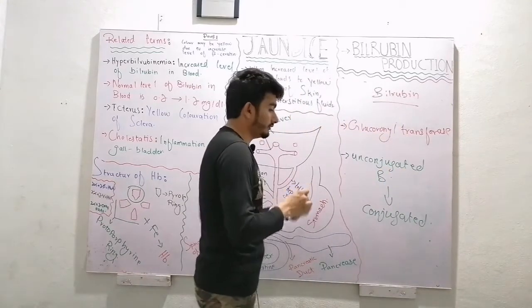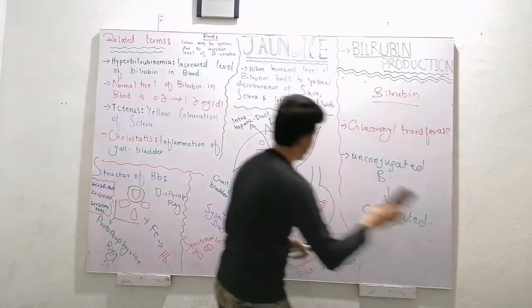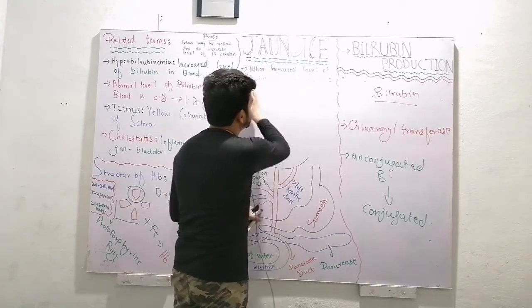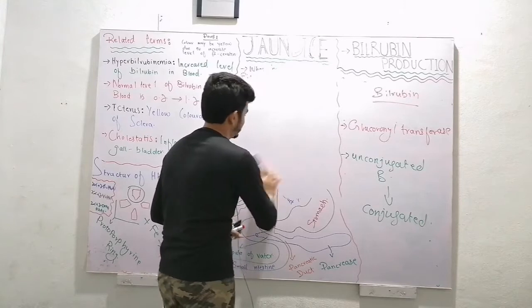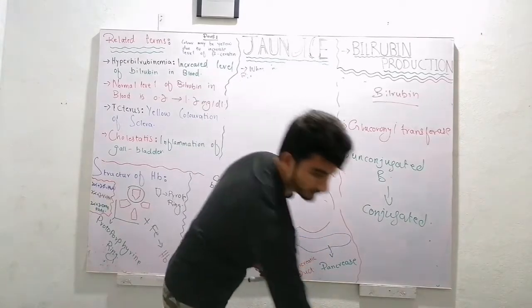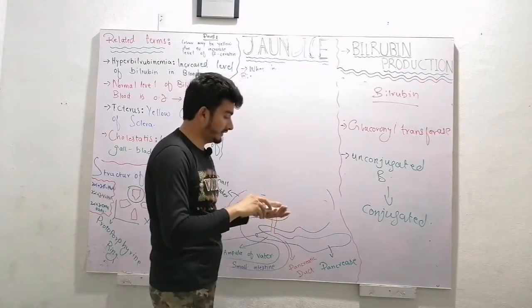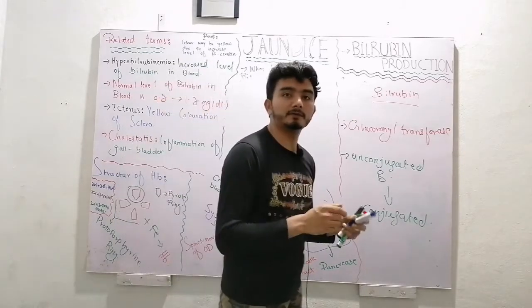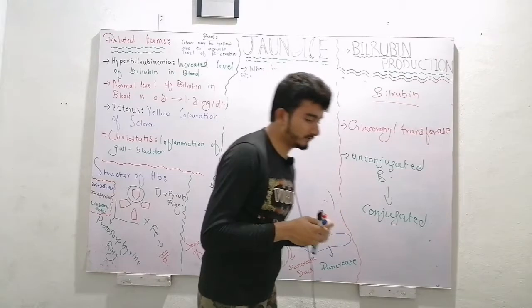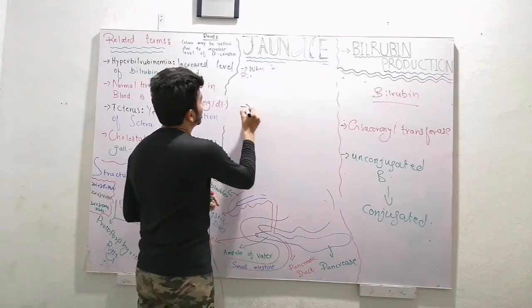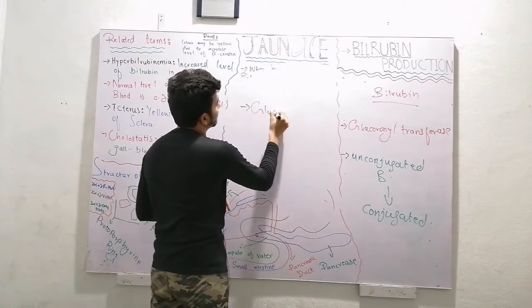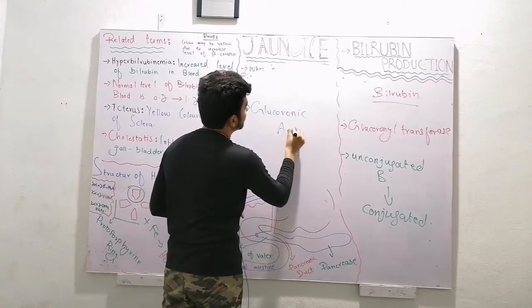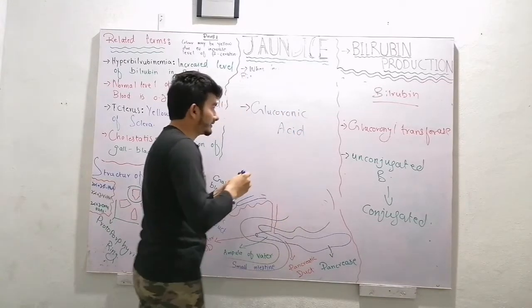How? There is a special polar molecule present in the hepatocyte, and that is called glucuronic acid, which is formed from glucose.